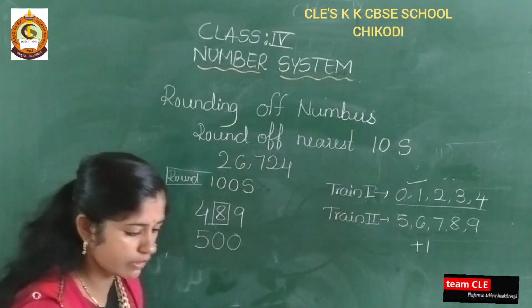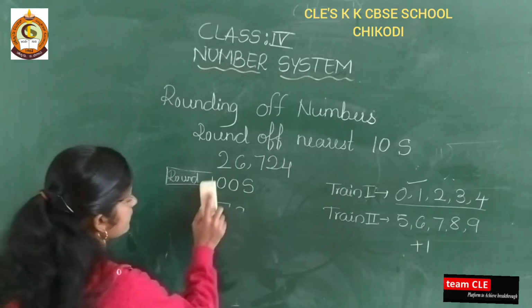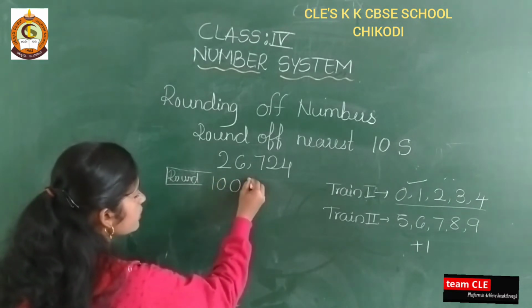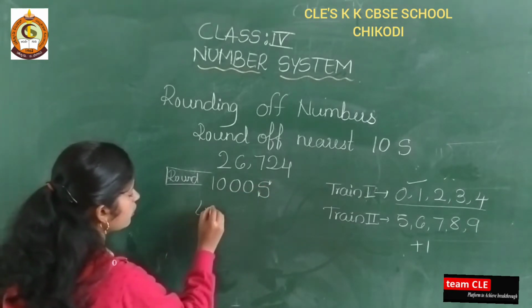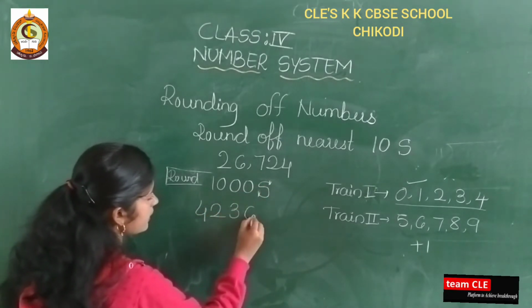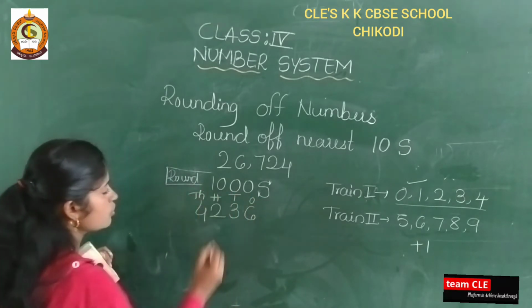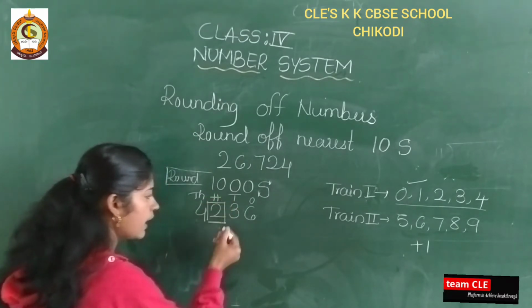I hope you understood. Next, here nearest to hundreds, nearest to thousands. Okay, then I will take here 4236, ones, tens, hundreds, thousands. So here nearest to the 1000 place means you have to see the 100 place.